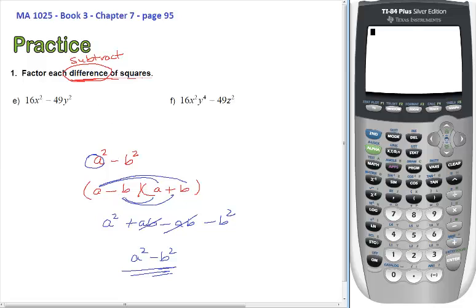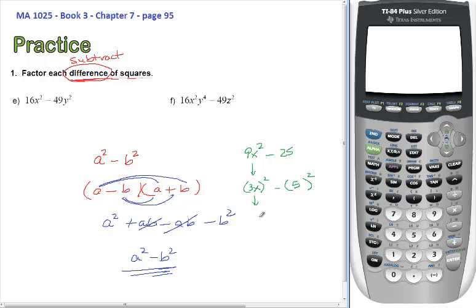Now, A means it's a perfect square. So if I had something like 9x squared minus 25, are they perfect squares? In other words, can we write this as something squared minus something squared? Yes, we can write it as 3x all squared minus 5 all squared.